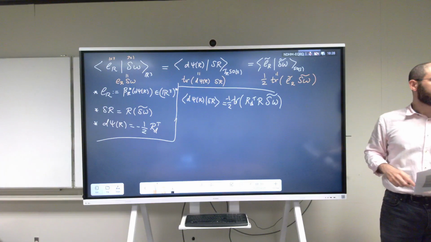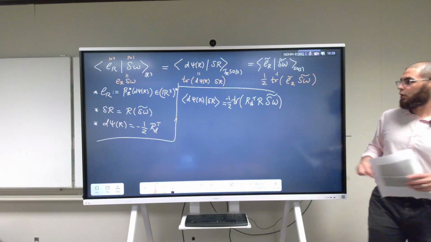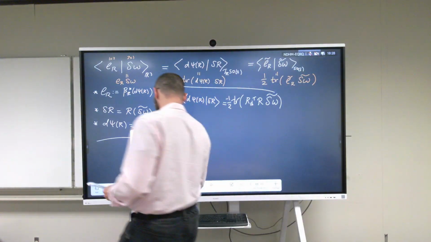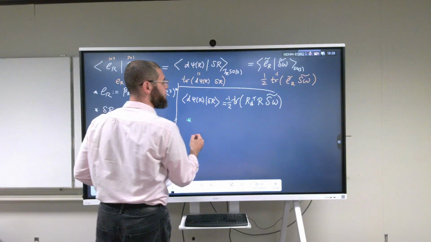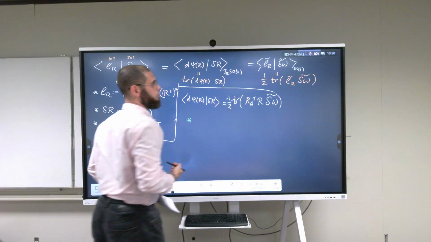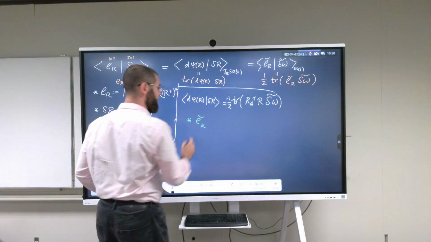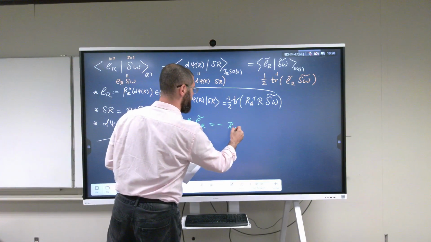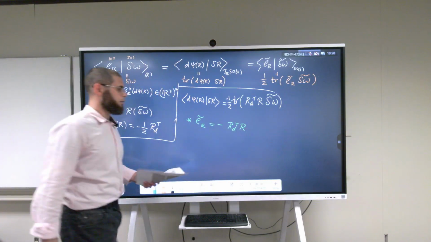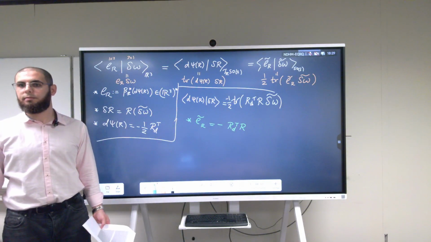The spaces are not the same. So what you're saying is that, from just comparing this term with that term, ER tilde in tilde form is minus RD transpose R. You cannot do that. Why?